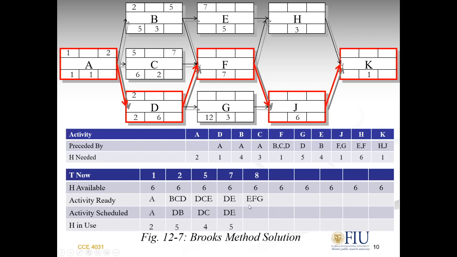We come down. Can I bring E, F, G all 3 together? E has 4, F has 1, that's 5, and G has 5, that's 10, so definitely not. Which one has the most priority between E, F, and G? So F has the most priority, so I can put F here.